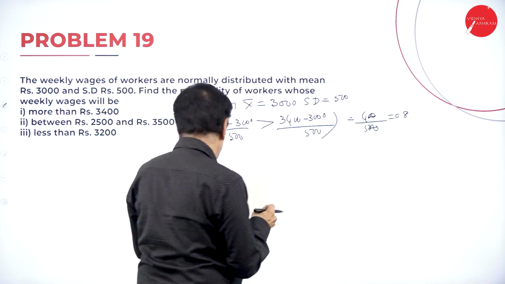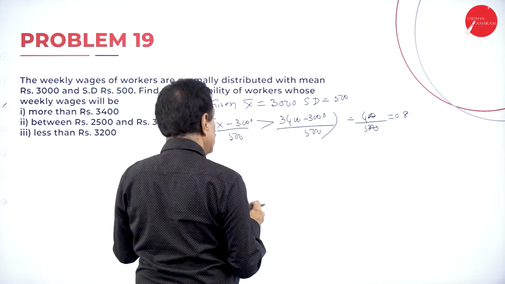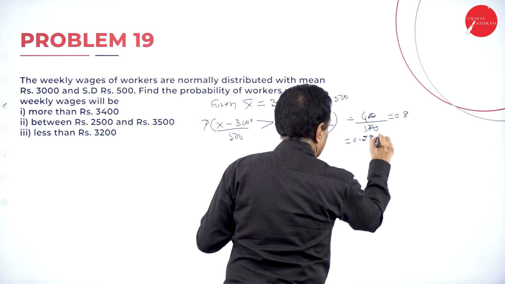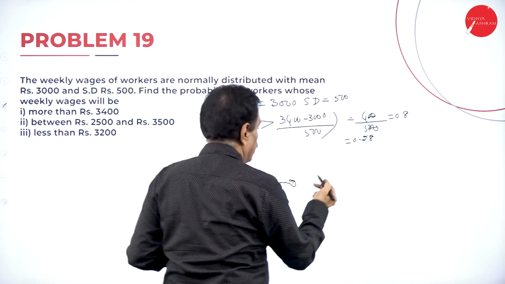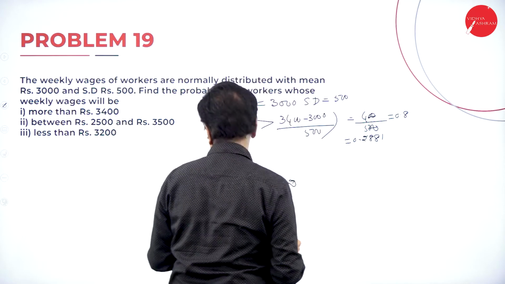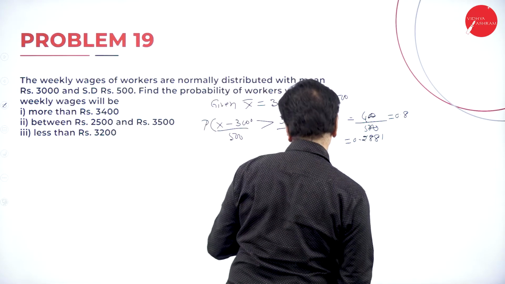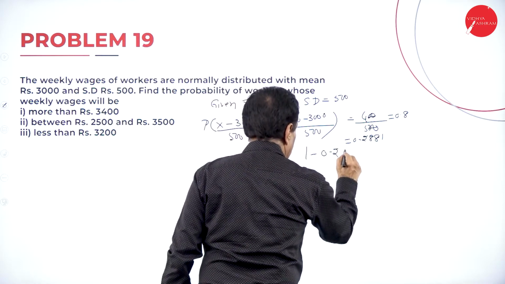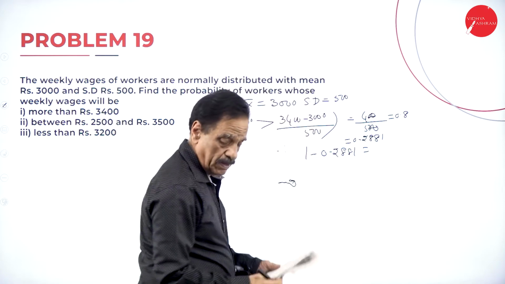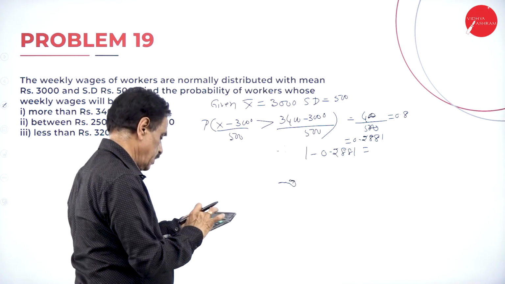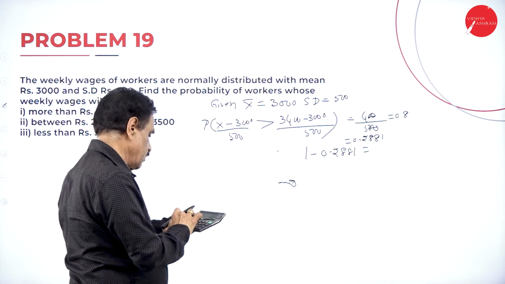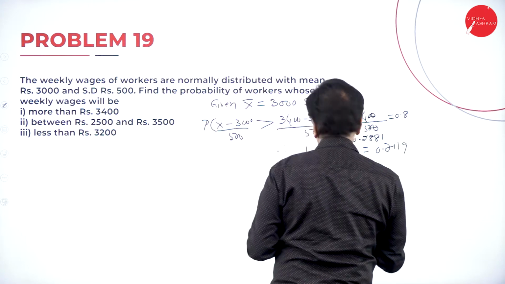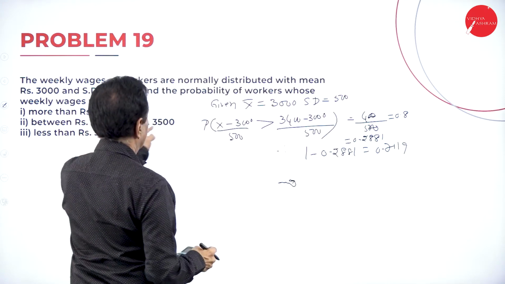What's the value for 0.8? 0.2881. 0.8 is 0.2881. Therefore, 1 minus 0.2881 is 0.7119.